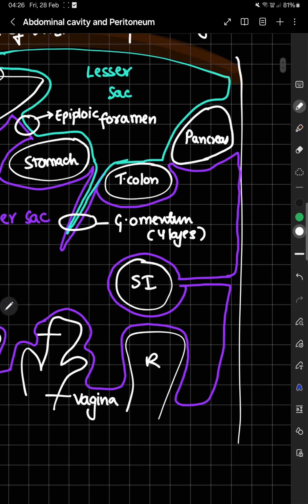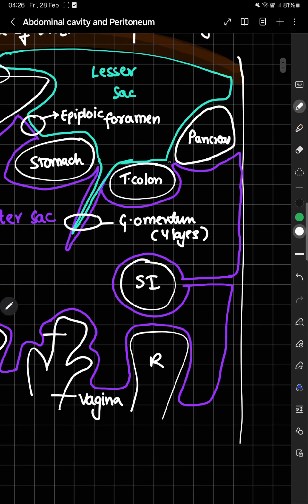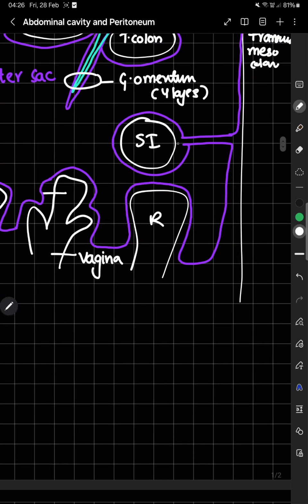Then we have the peritoneum present between the pancreas and transverse colon, which is known as the transverse mesocolon. The peritoneum connecting the small intestine is known as the mesentery, and it's the largest one of all. This is to be remembered.